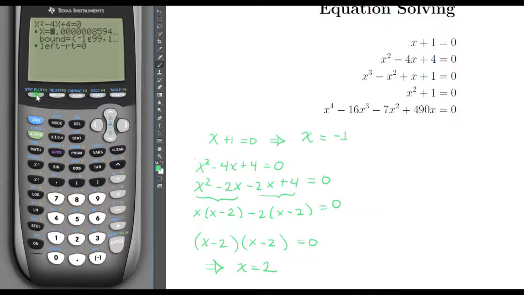Okay, now let's do the same thing on the graph. Let's clear this one. You get x squared minus 4x plus 4, then graph. Notice, boom, that the 0 is right around here, so you go to second trace, press 2.